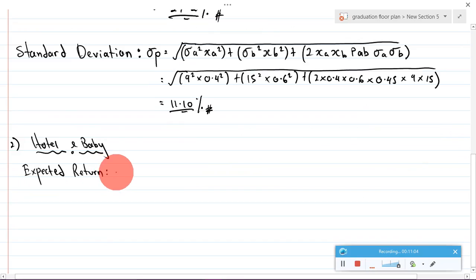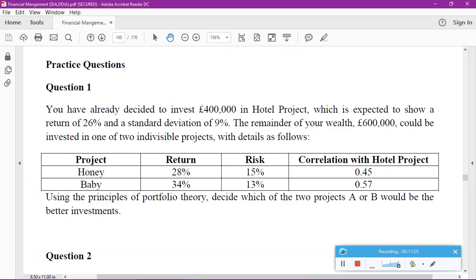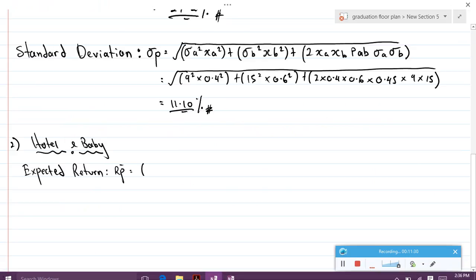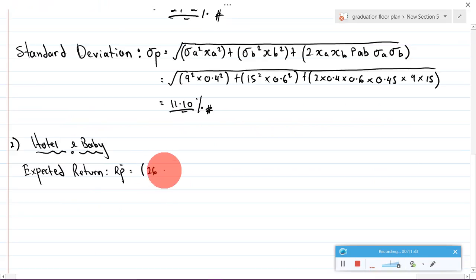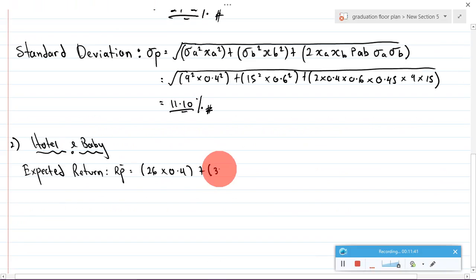Hotel is 26, still the same, but now baby is 34. So 26 times 0.4 plus 34 times 0.6. How much you get? So you will get 30.8% as the return. Correct?